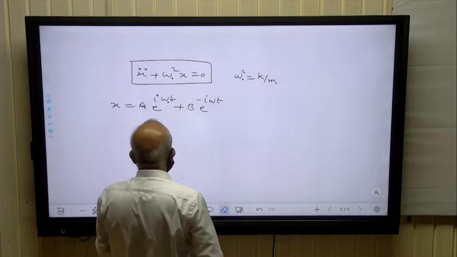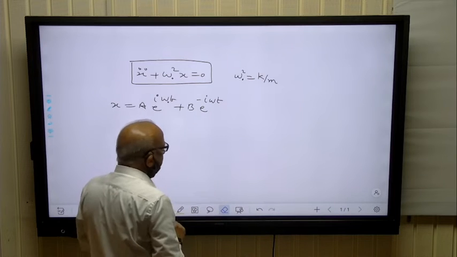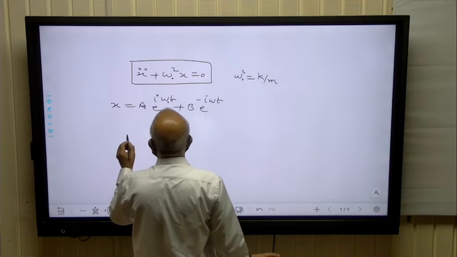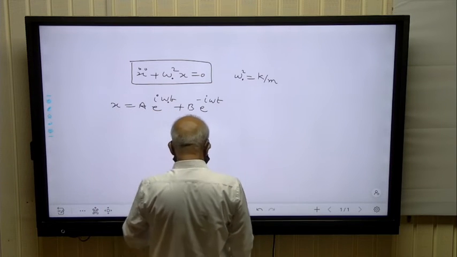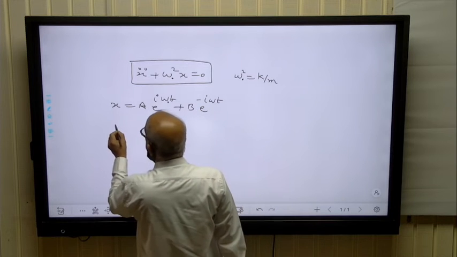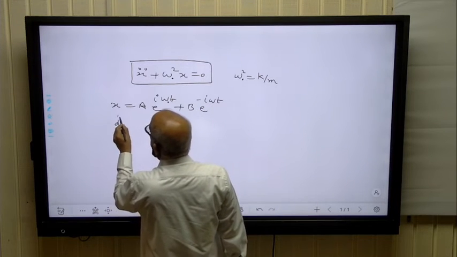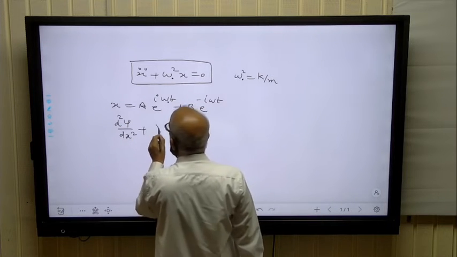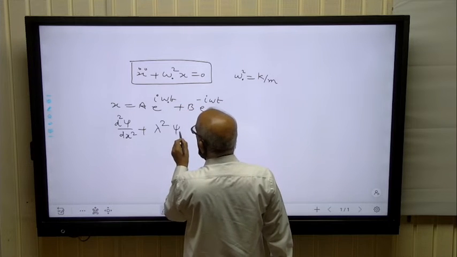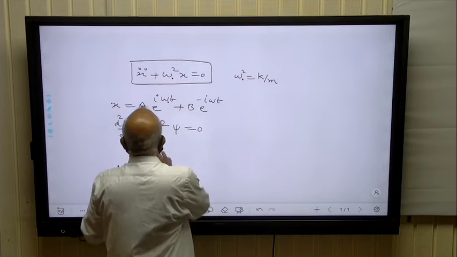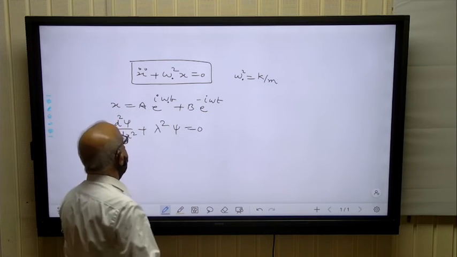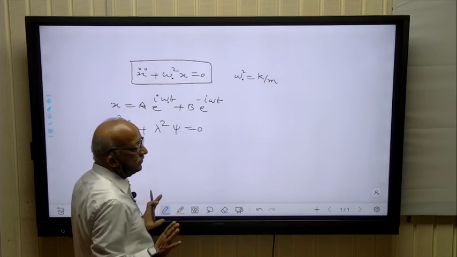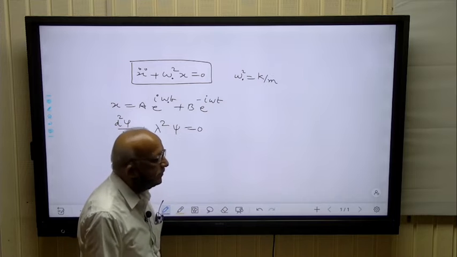Now this is the standard equation. Now I want to say something very important. Suppose this is an equation, where psi and x both are variables.